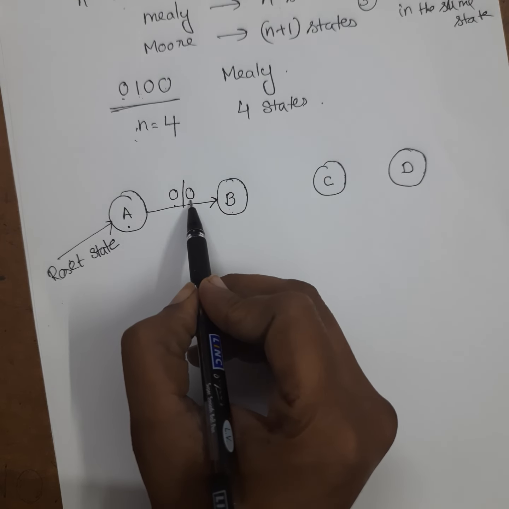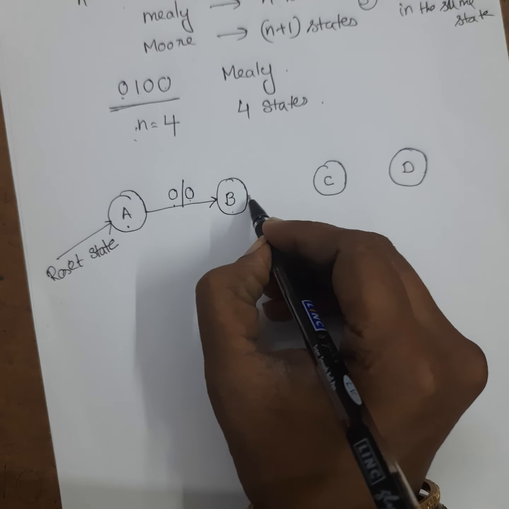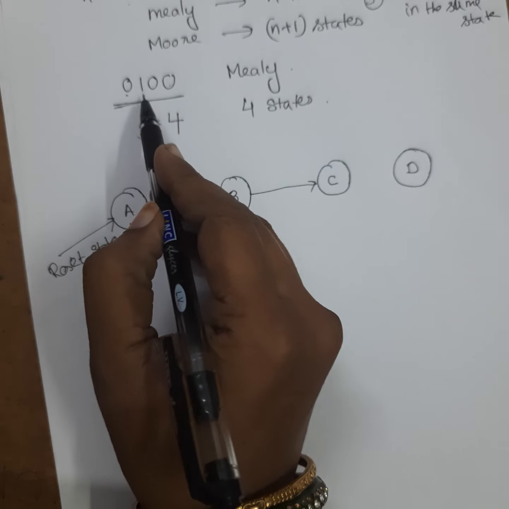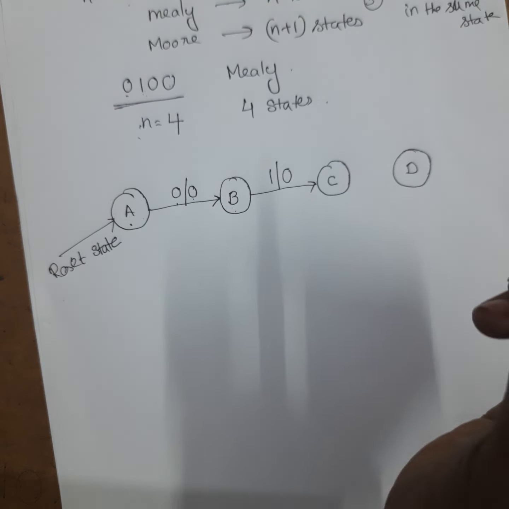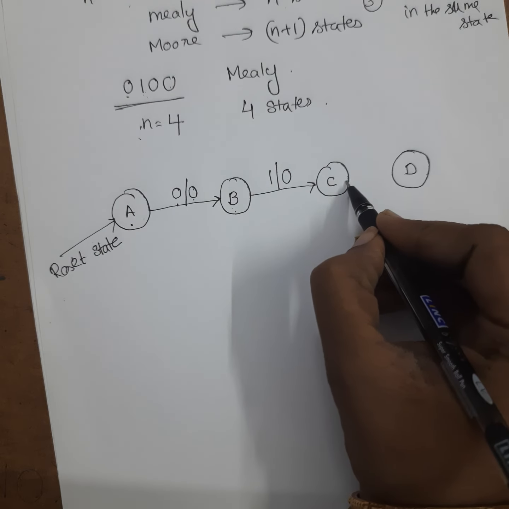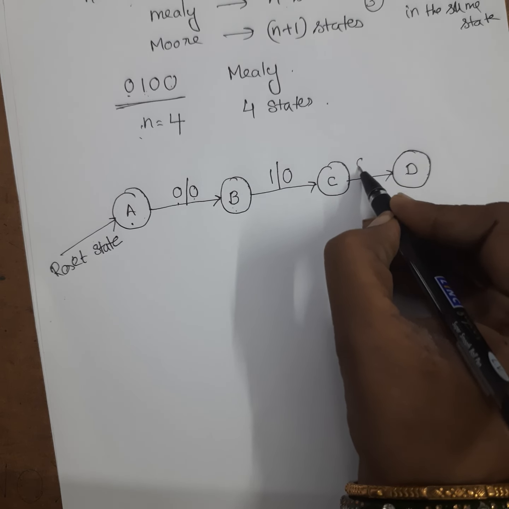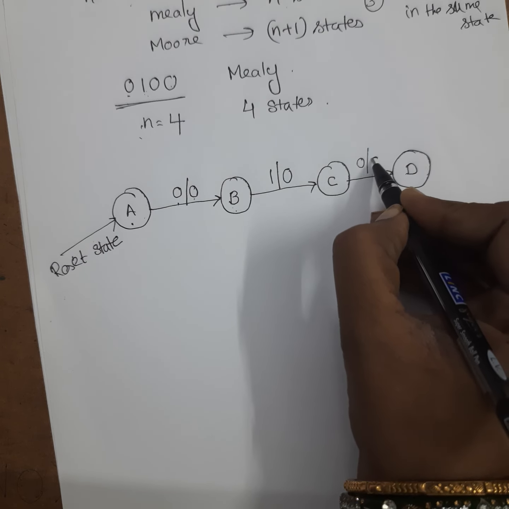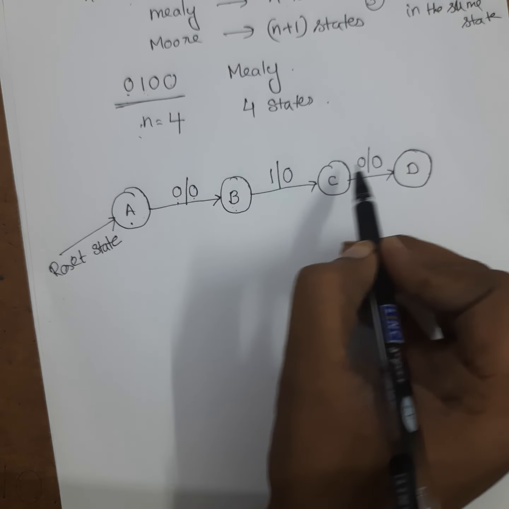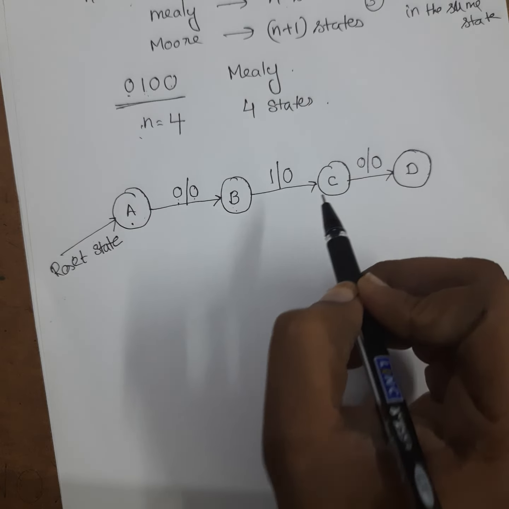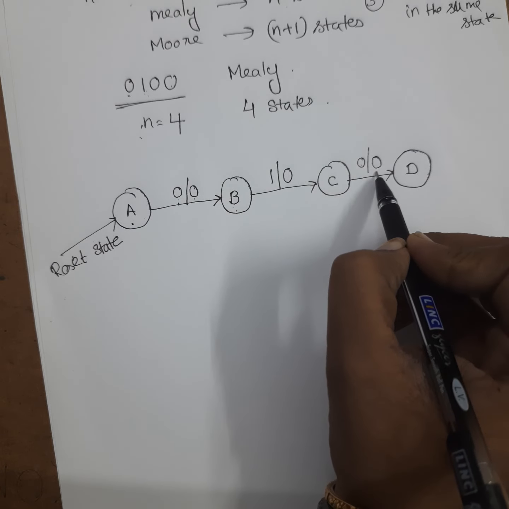So here the output is 0. Next, 1, output is 0. Next, 0, output is 0. Till now we get 0, 1, 0, but the required pattern has not yet come, so the output is 0.